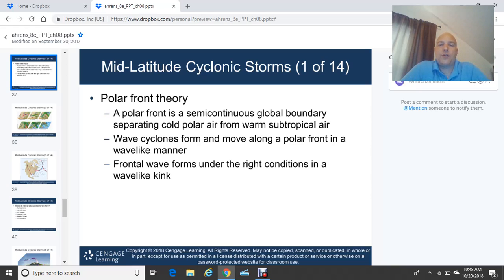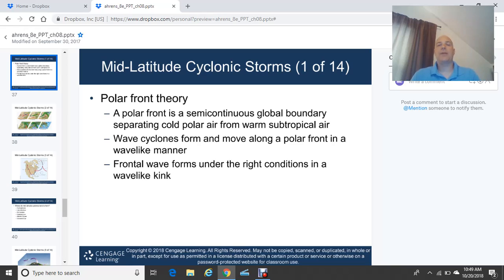A polar front is a semi-continuous global boundary separating cold polar air from warm subtropical air. That's exactly what the polar front is. These wave cyclones tend to form and move along the polar front in a wave-like manner. So they're known as wave cyclones because they form in a wave-like manner along the polar front.